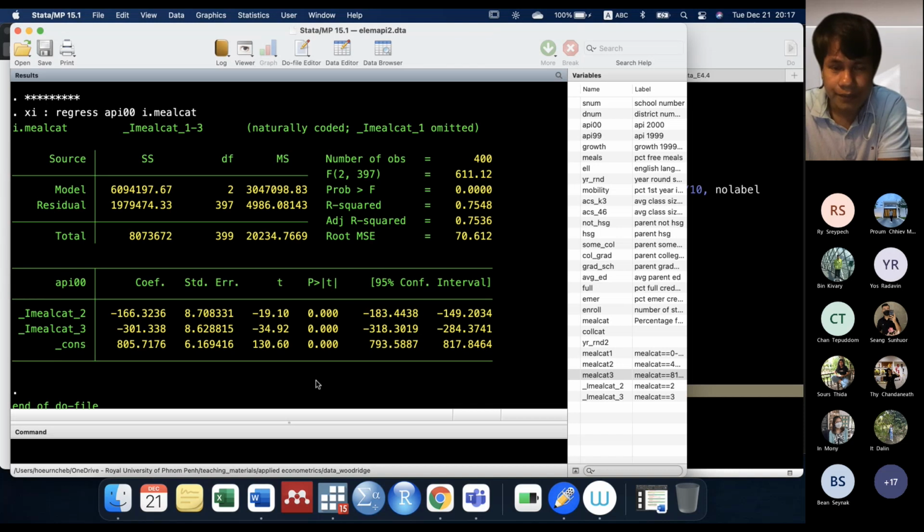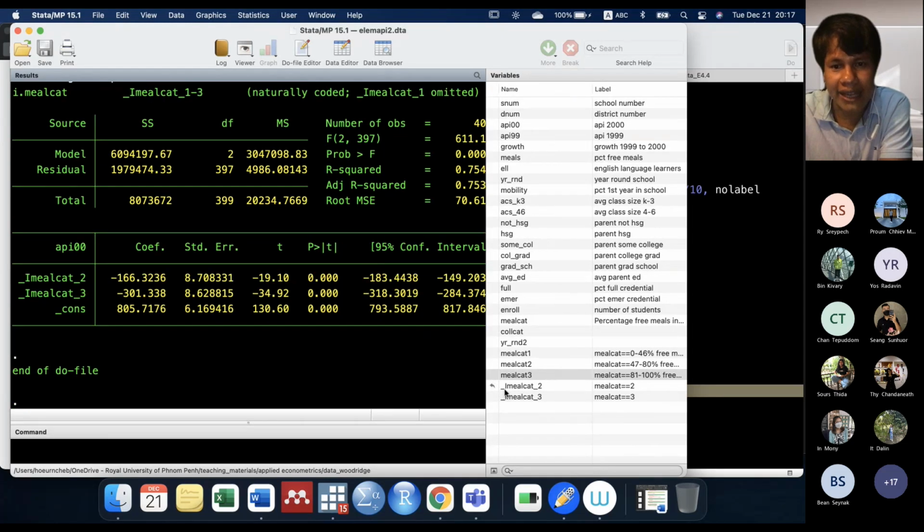A note, guys. After you run xi: regress FP i.meerkat, the dummy variables are also created for you here. You look at my window, right? I have here _Imeerkat_2 and _Imeerkat_3, which represent the dummy variable for category 2 and the dummy variable for category 3.